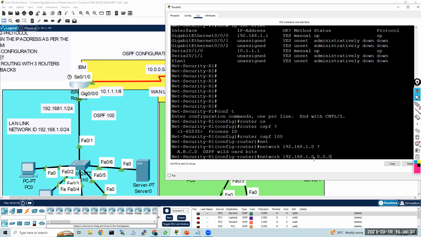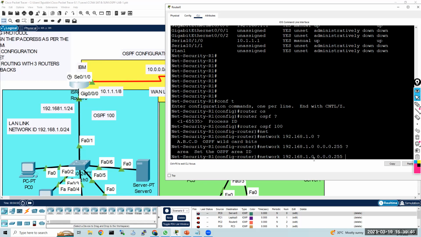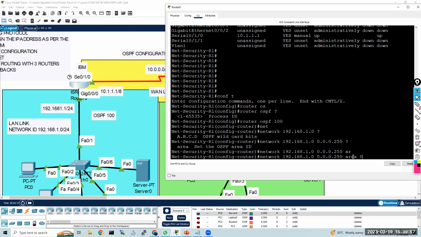Yes, very good. It's a wildcard mask, not a subnet mask. Then give the question mark. Now it's asking for the area. Which area do you want to put this router in? Set the area for OSPF. I'll put area 0. Area 0 is your backbone area.